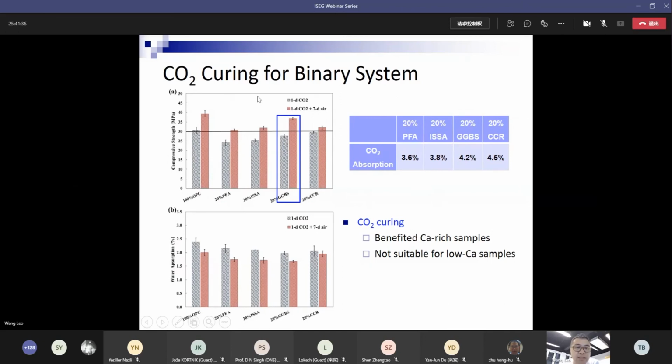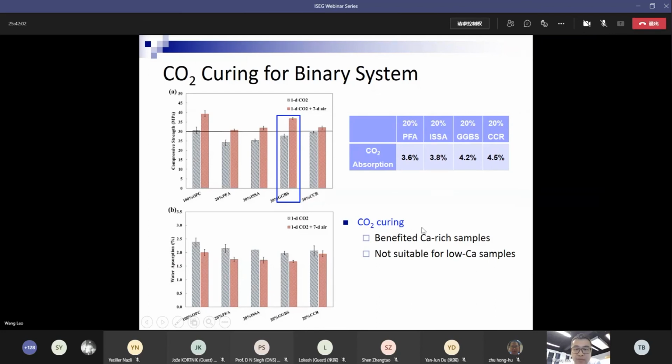Then we use the CO2 curing for the waste incorporated system. If we incorporate some calcium-rich materials, it can sequestrate a lot of CO2 in the system. But the silica-rich materials are not very effective because during carbonation, some calcium will react.